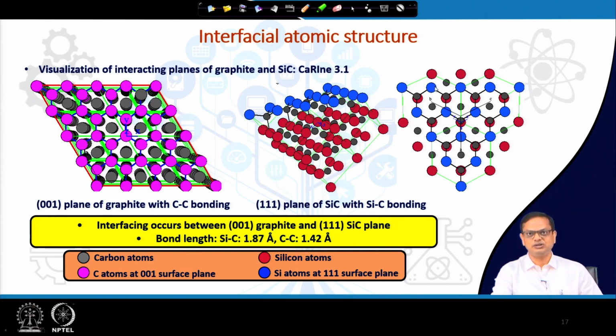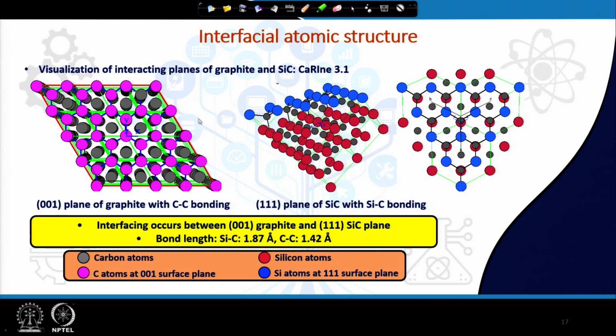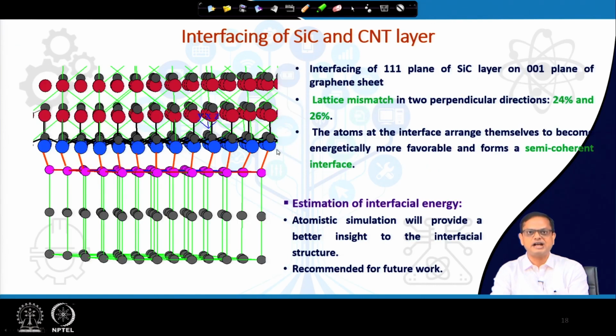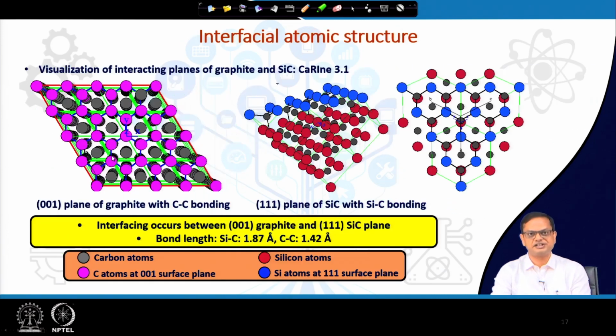So, this is also hexagonal. Both are hexagonal structures, and there will be some lattice mismatch. You can try to match them together. There will obviously be a good amount of lattice mismatch, around 24% and 26% in the x and y directions, but still, because of the hexagonal structures, there will be growth of silicon carbide on the 001 plane of the graphene layer.